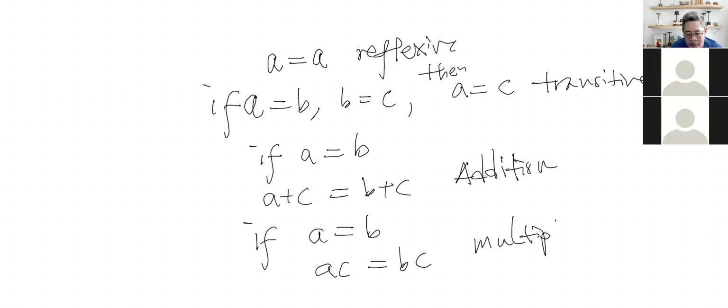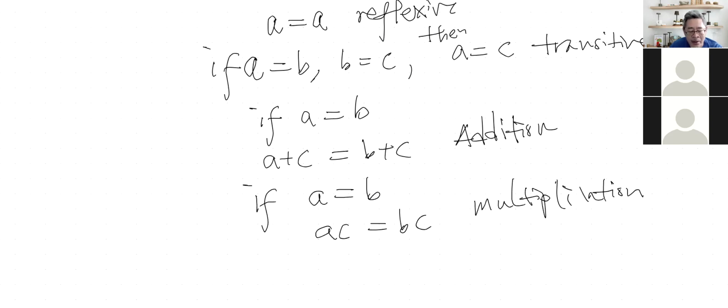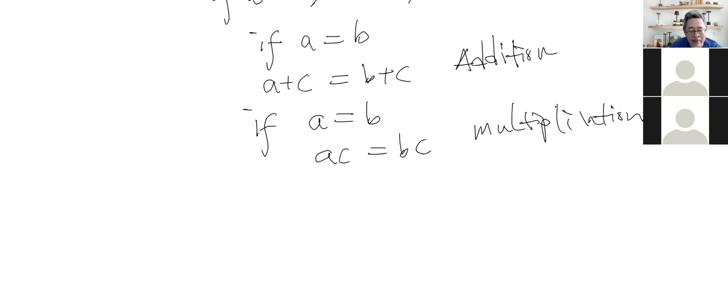When we solve problems, we use those. When you look at how we solve linear equations and quadratic equations, we basically just use those rules. There are other rules, but those are the three fundamental sets of rules.